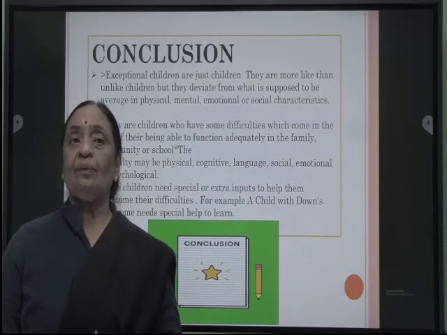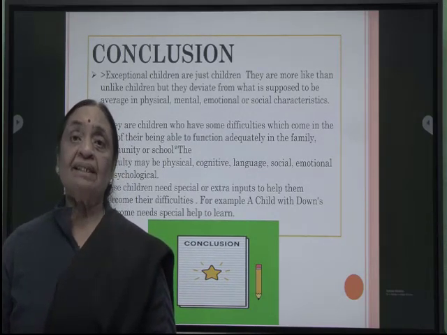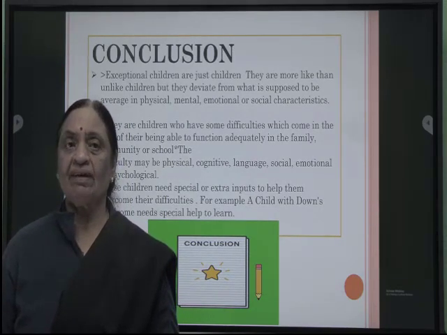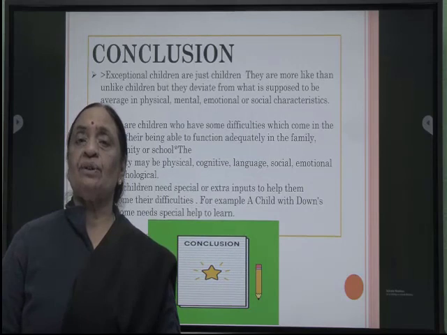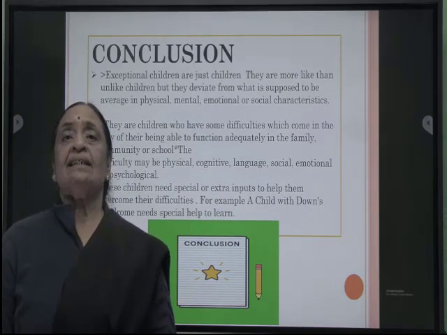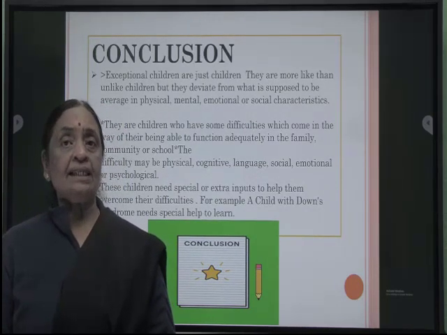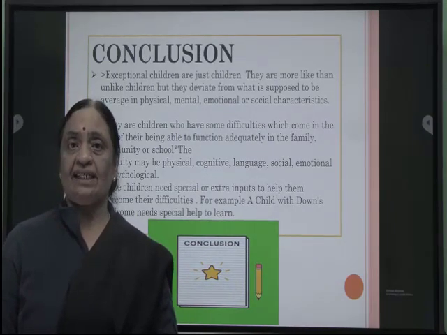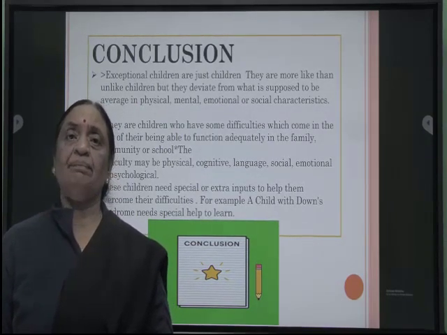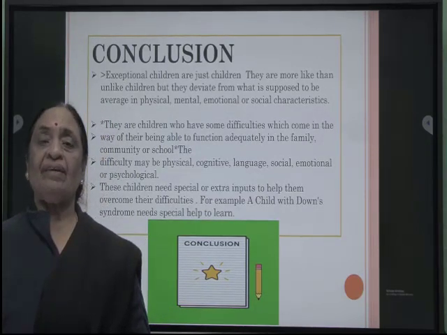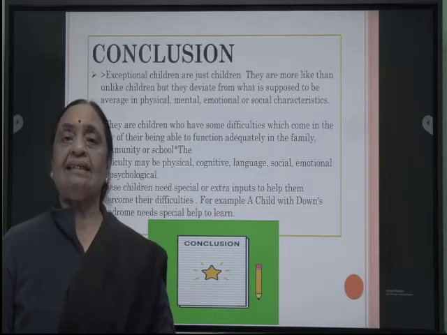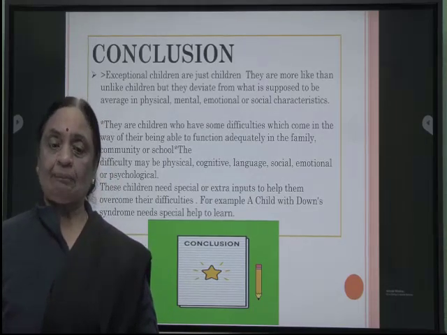So any behavior which becomes repetitive, for example, aggression in a school environment or in a home environment, where it is uncontrolled aggression and the child intentionally or unintentionally harms another child or bullies another child, this kind of behavior becomes a behavior difficulty which needs to be addressed on time so that it is corrected effectively.